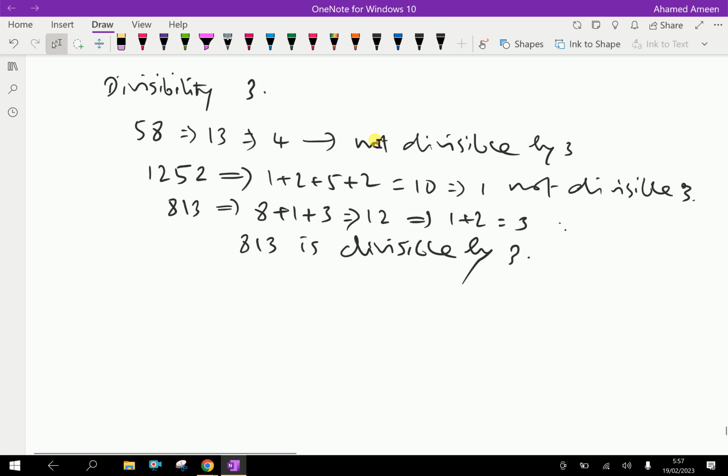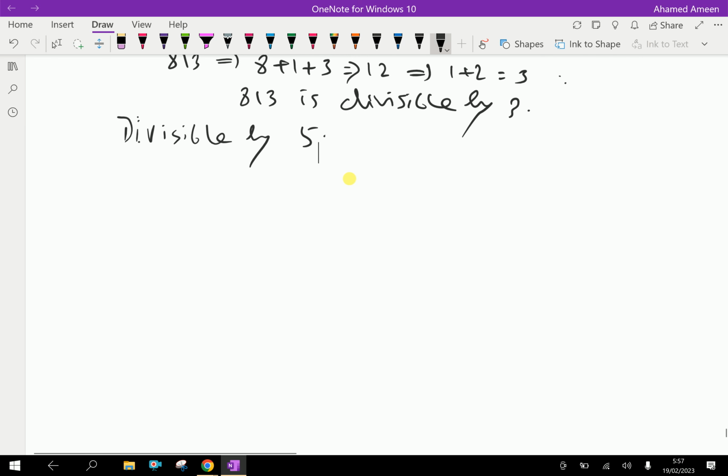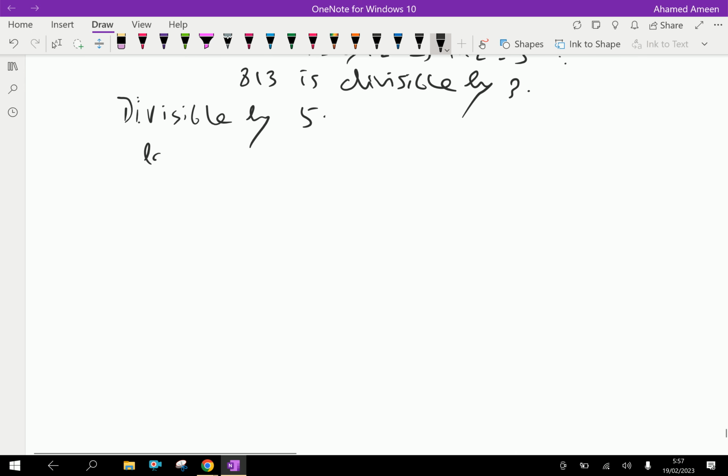And divisibility by 5: the last digit must be 0 or 5.